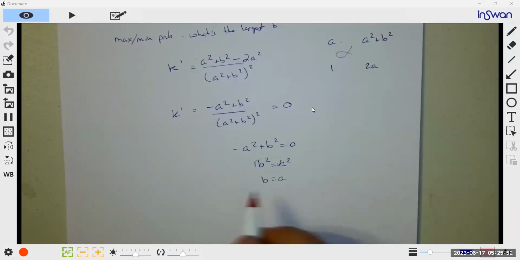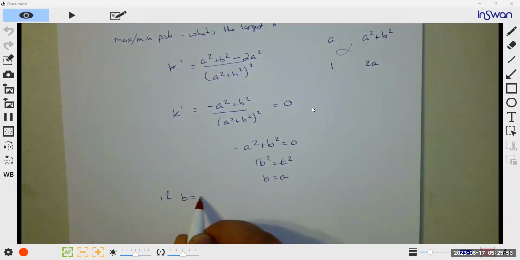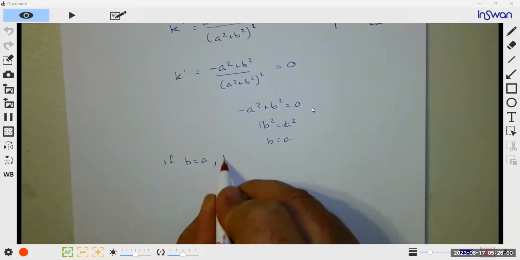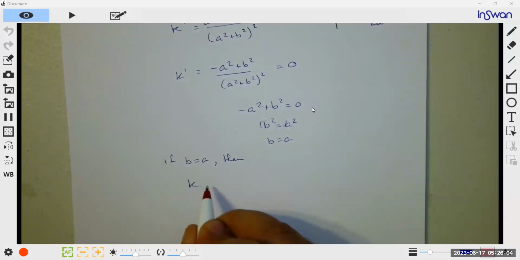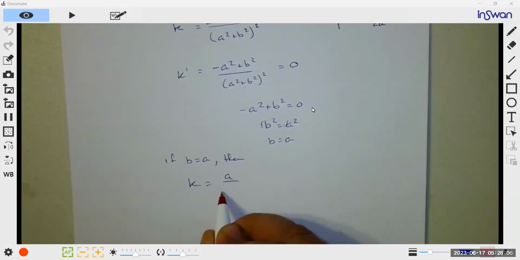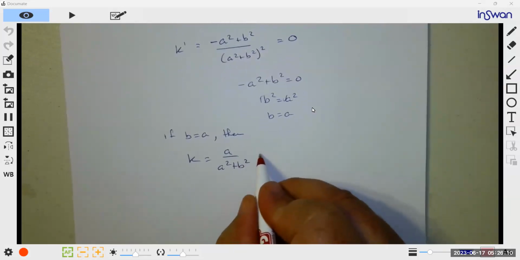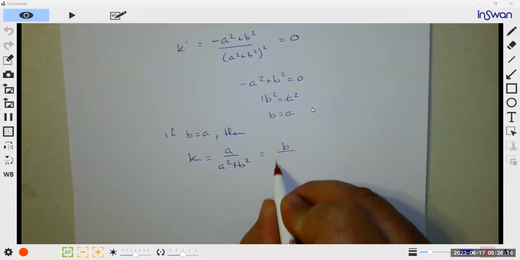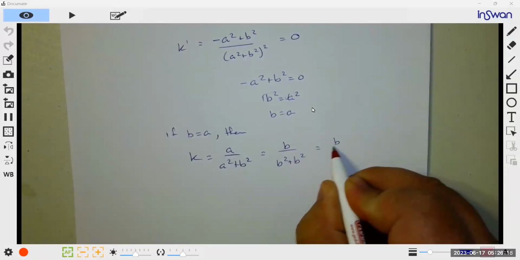So if b equals a, then our original k equation is b over b squared plus b squared.